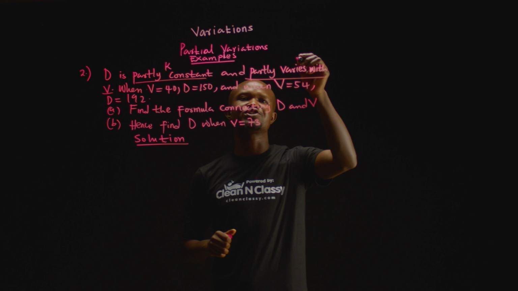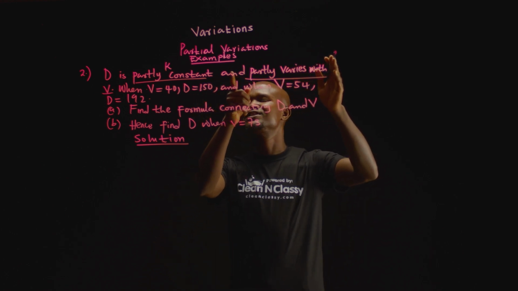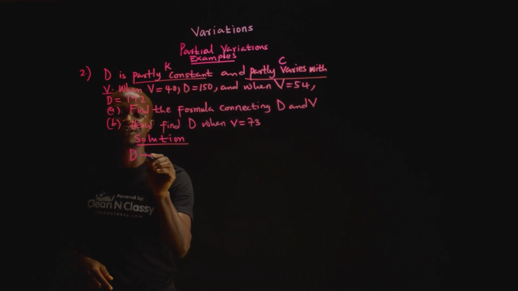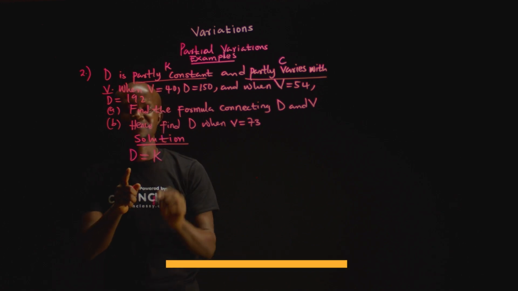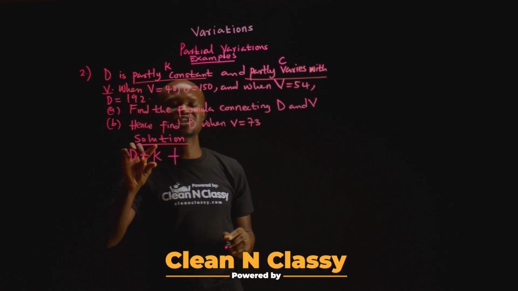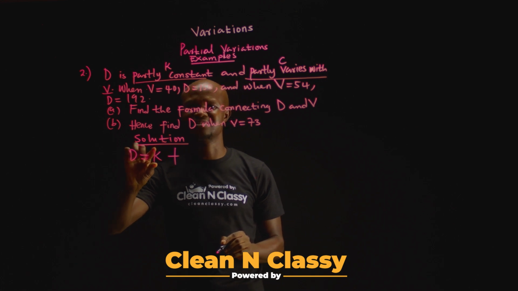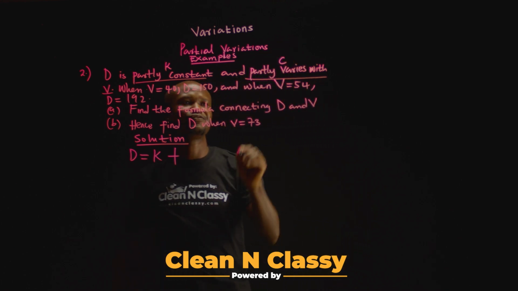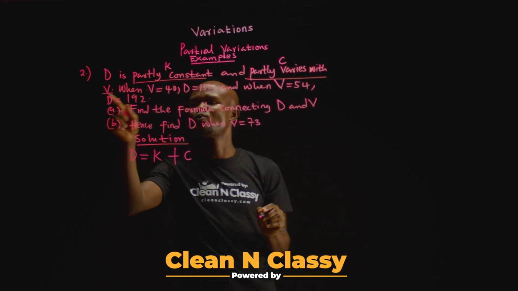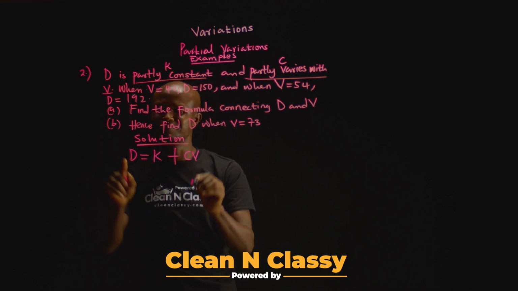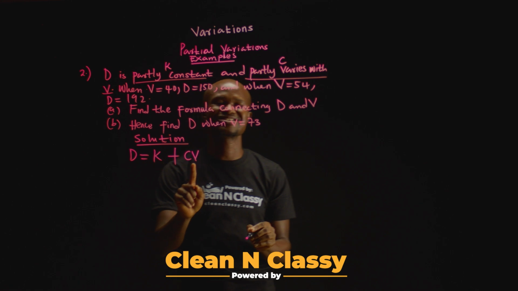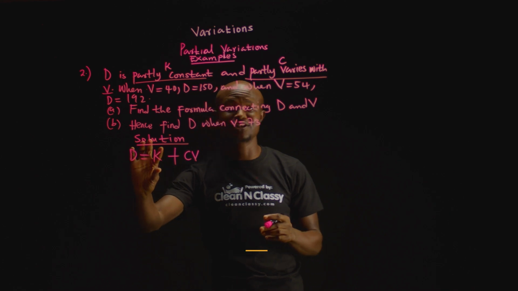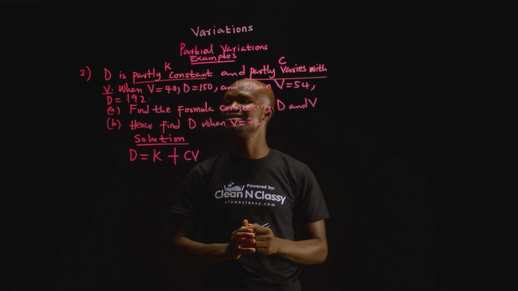Let the constant of variation for this part of D be C. So we can now have D equals the first part, which is K, plus this part. The first is the constant part, while this has to do with the variable part, C times V. So it means that D equals K plus CV. So this is the formula. But we need to know the value of K and the value of C. That's the next thing to do.